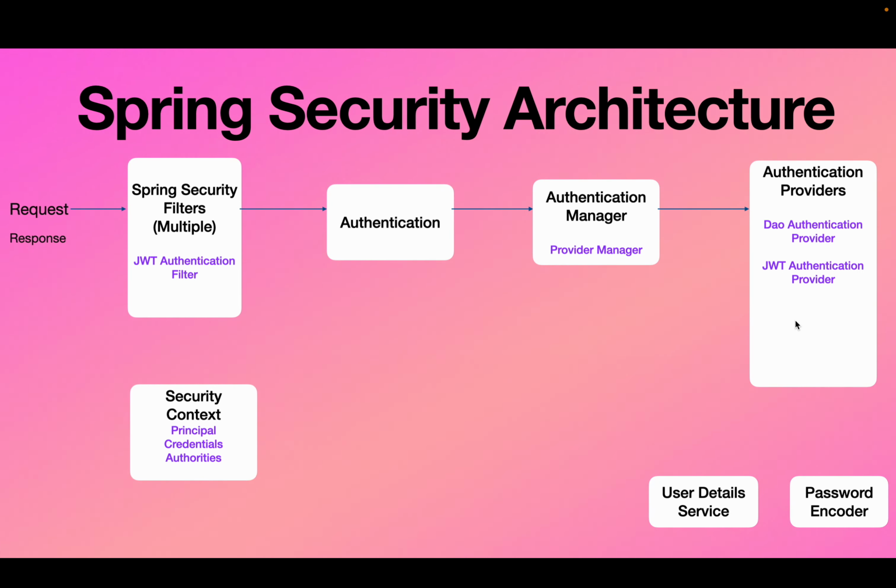So what will this authentication manager do? It will identify, for this specific API, which authentication provider it needs to use, and it will use that authentication provider. Also, suppose my API went to the first authentication provider, for example the DAO authentication provider, and it came back saying that it failed. It will not return the response as a failed authentication.